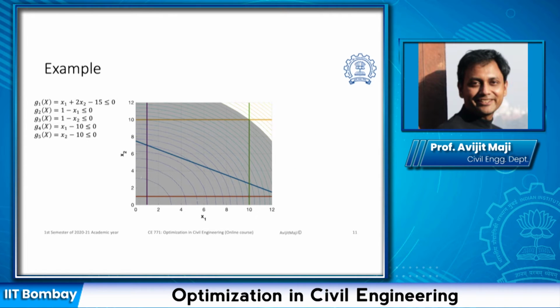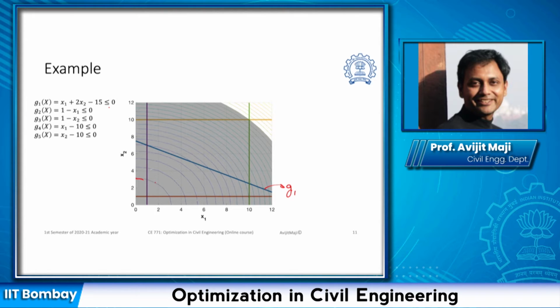As I said, my objective function represents the circle. So these are my objective function values for different combinations of x1 and x2, and the constraints. The first constraint we said is x1 plus 2x2 less than 15, which is here. That is my g1.